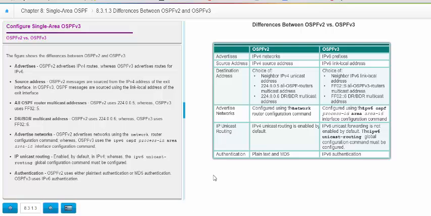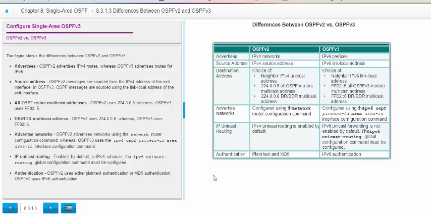Now let's look at the differences. Advertises: OSPF version 2 advertises IPv4 routes. Version 3 advertises routes for IPv6. Source address: version 2 messages are sourced from the IPv4 address of the exit interface.